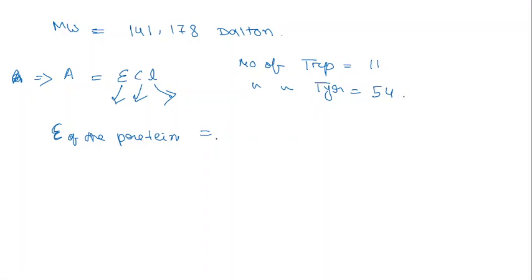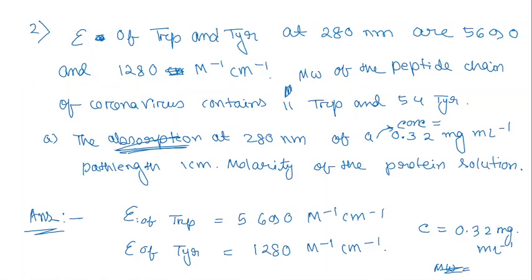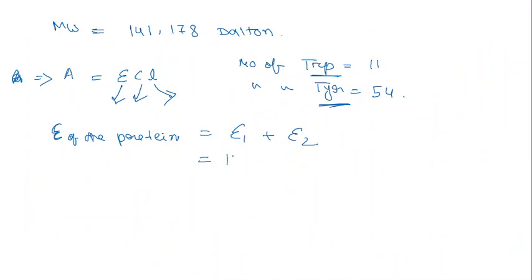Now epsilon 1 plus epsilon 2, because it consists of two things, tryptophan and tyrosine. Epsilon 1 they already provided, this is epsilon 1, this is epsilon 2, but it consists of 11 tryptophan, so we have to multiply.